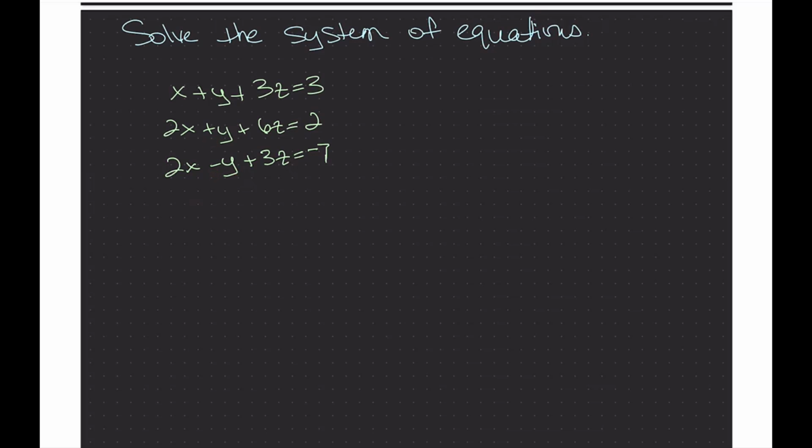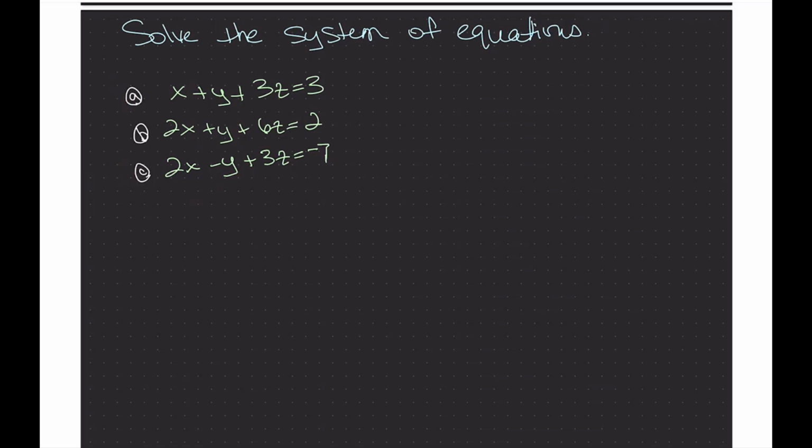So just for the fun of it, I'm just going to label these guys A, B, and C, so we know what we're talking about a little bit, right? So I want to eliminate y, so I have to pick two equations to start with. What do you want to start with? A and C? Is that what you would have picked?